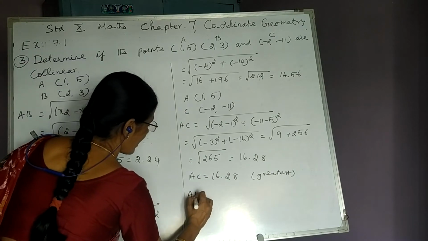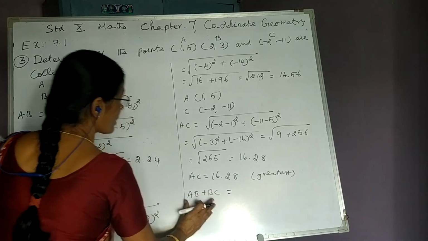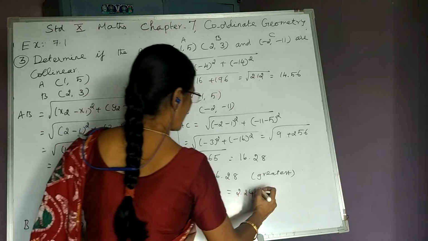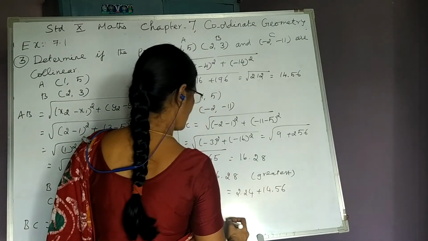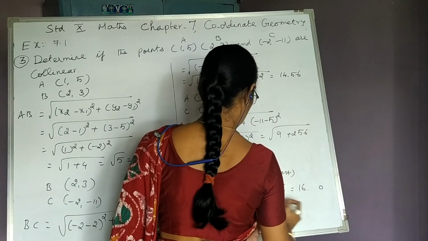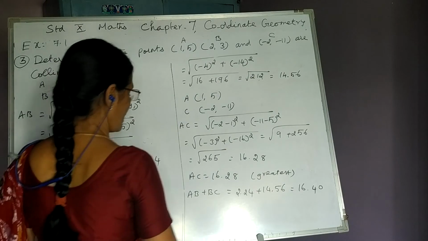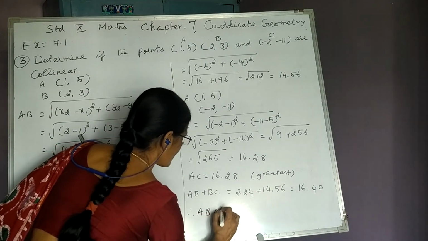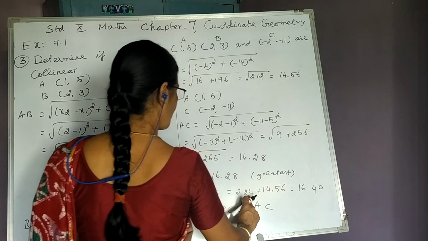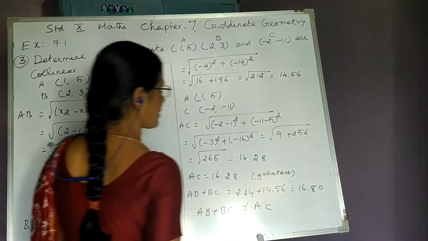Therefore, we are adding the remaining two. Not to take the greatest, remember, the greatest should be taken separately. The remaining two should be taken together for addition. It is 2.24 plus 14.56. So here we are getting 16.80.